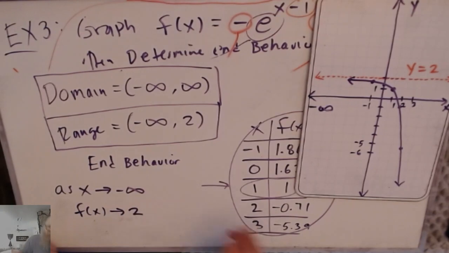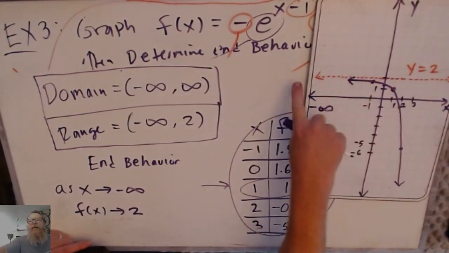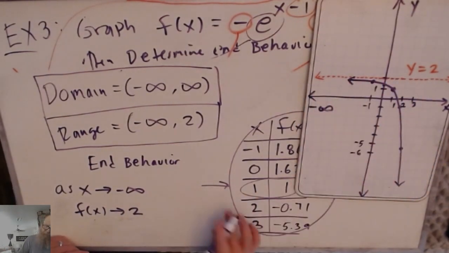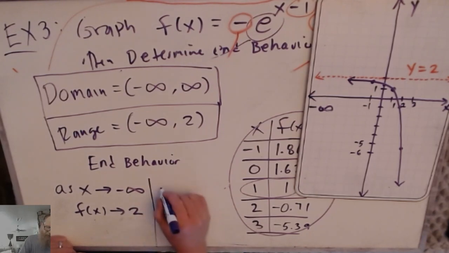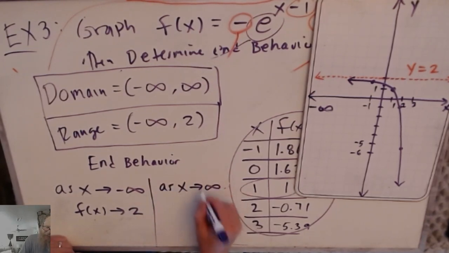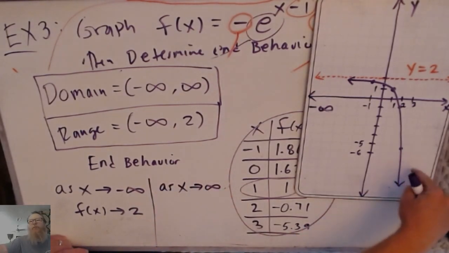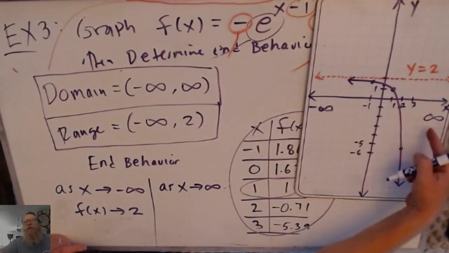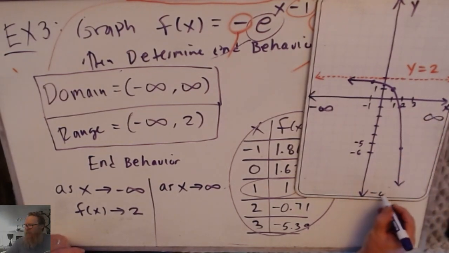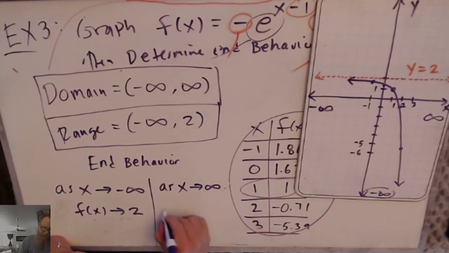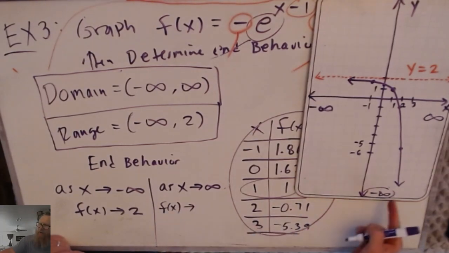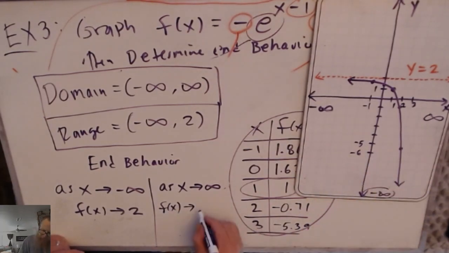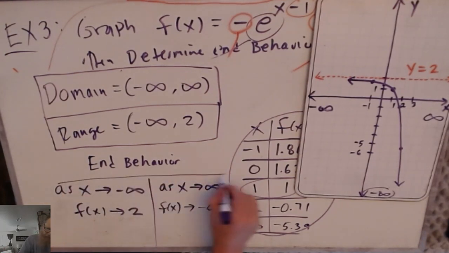It's getting very close to 2. As x goes to positive infinity, that's the right arrow, what's happening to y? Clearly, you can see by the picture, y is going down to negative infinity.